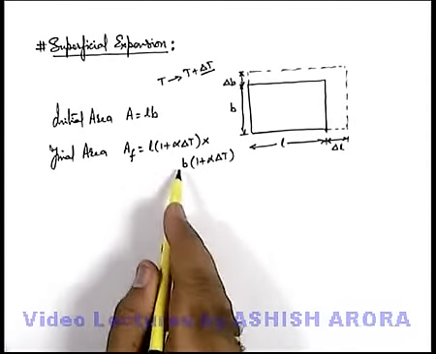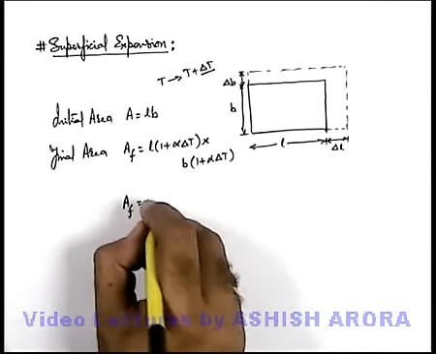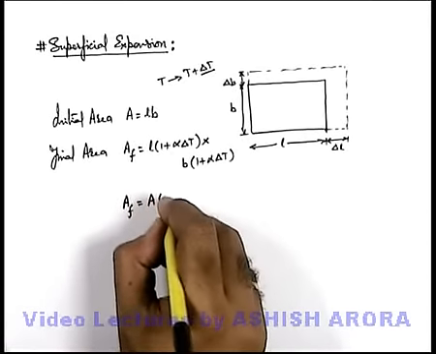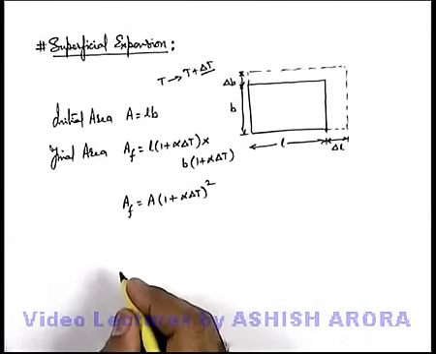So in this situation, this L multiplied by B can be replaced by A. So final area can be written as A multiplied by 1 plus alpha delta T whole square.